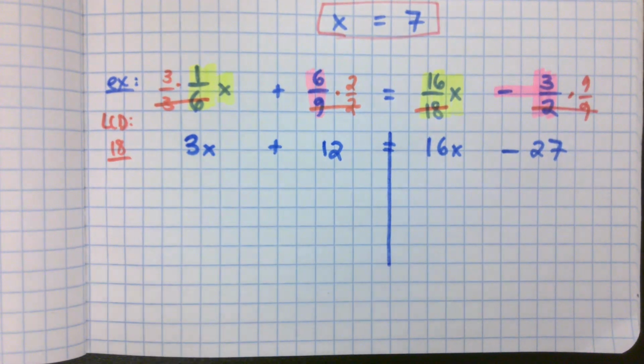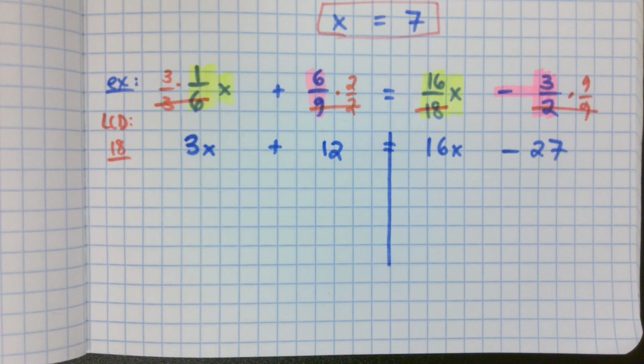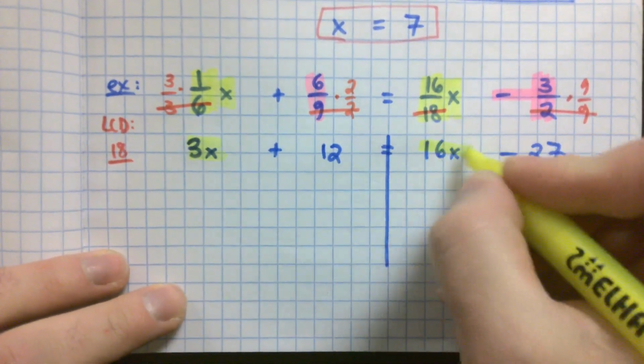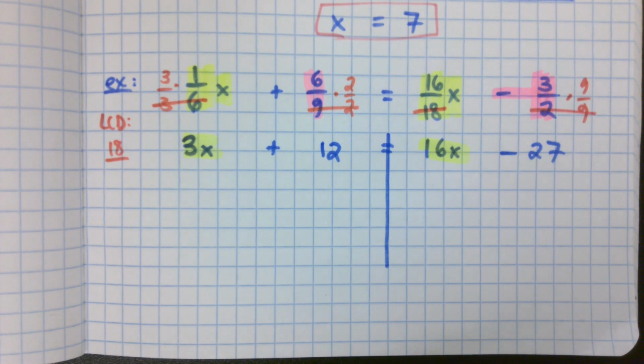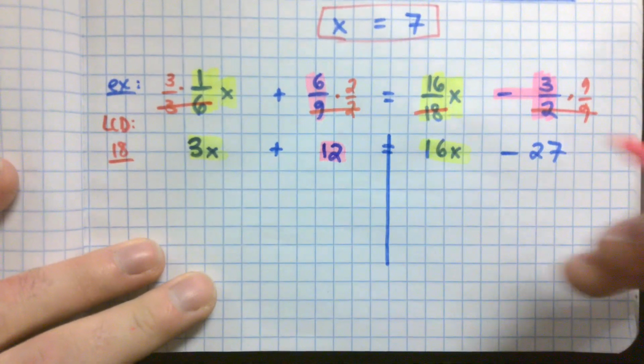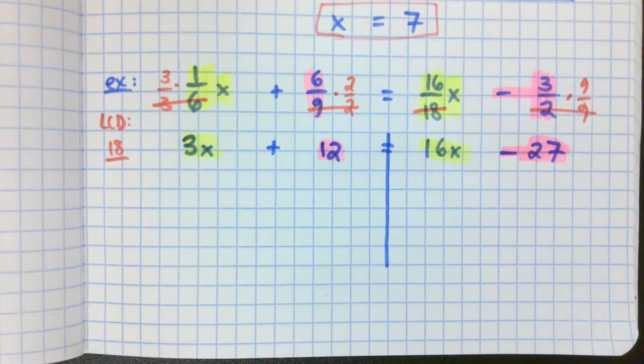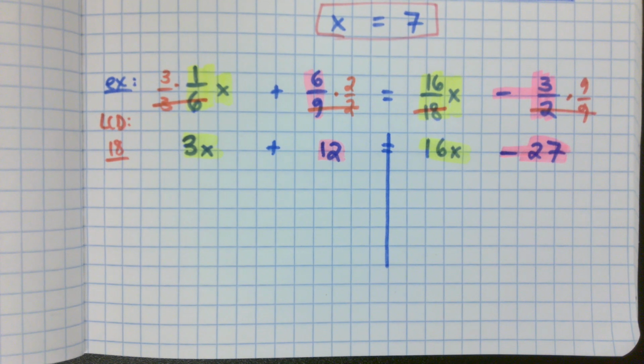So it's a shortcut in the sense that it saves us time in writing out that additional step. But again, you see we're doing the exact same thing. Just now that we're more comfortable with it, we can cut a few corners to make our lives easier. I'm going to re-highlight my 3x and my 16x in yellow. My now 12 and negative 27 in pink. Whatever colors you have work as well.